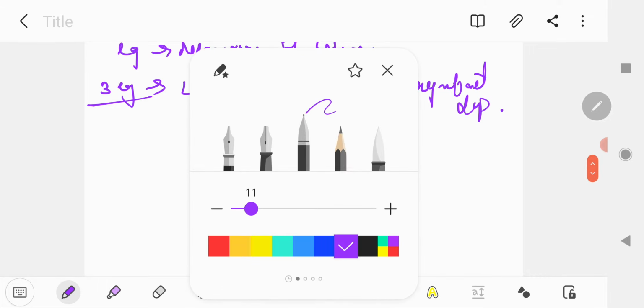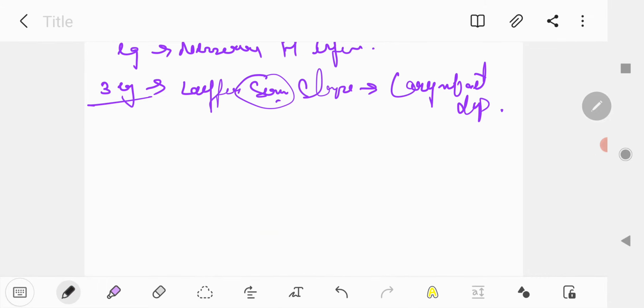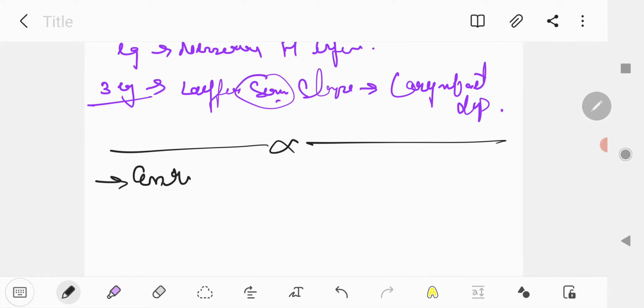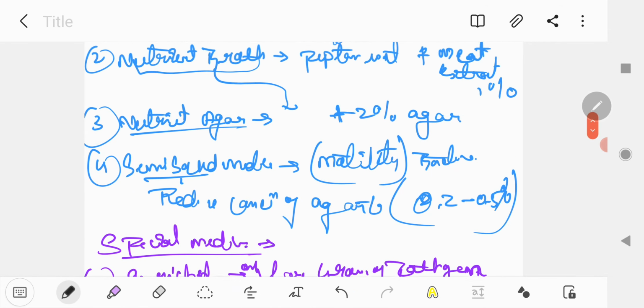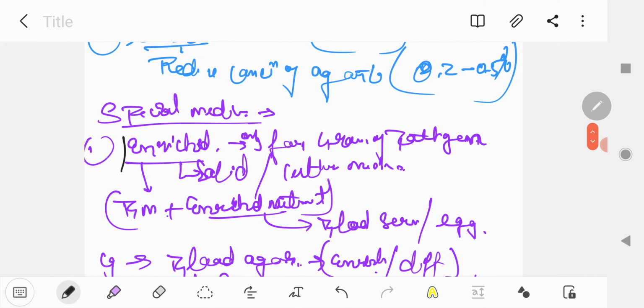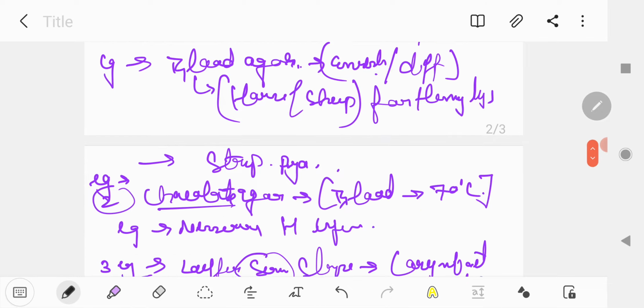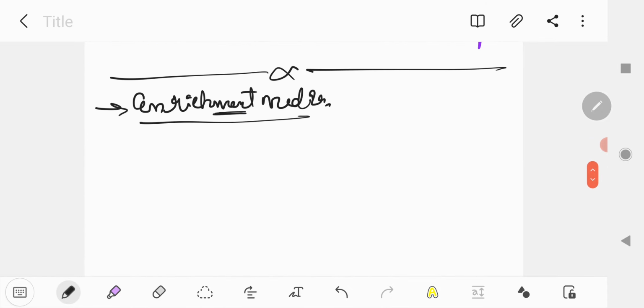Next is enrichment media. You can see we have enrichment media, and here what I take, enriched media. This is enriched media and this is enrichment media.